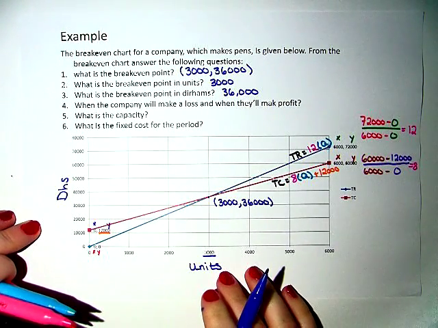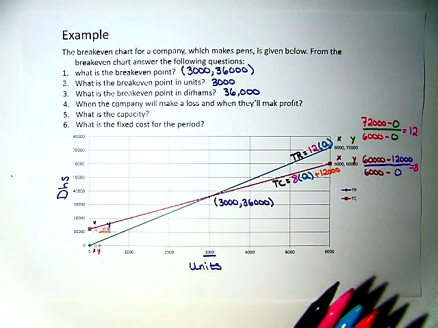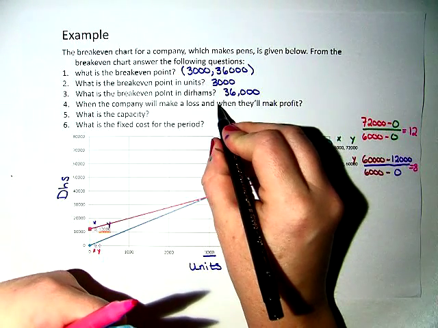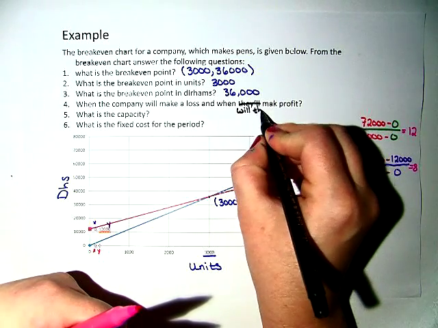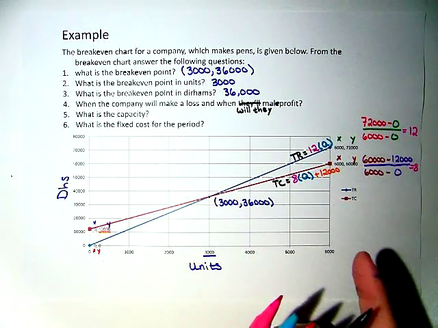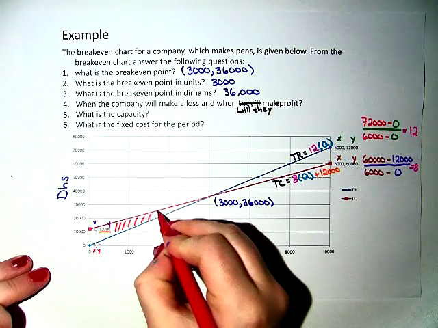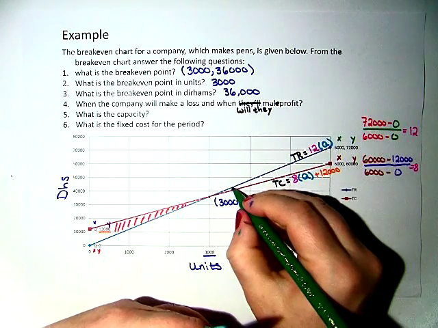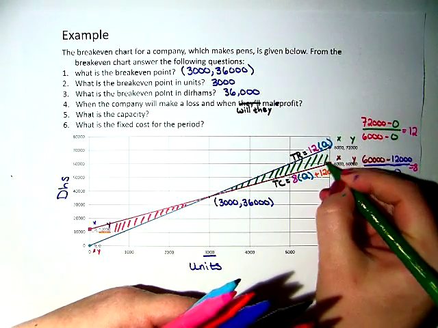When will the company make a loss, and when will they make a profit? All right, I obviously need to go back through this and change some of the grammar. When will they make profit? Okay, so if we look here, this part right here is in the red, or it's in a loss. Anything past that point is in the green, or is making profit.